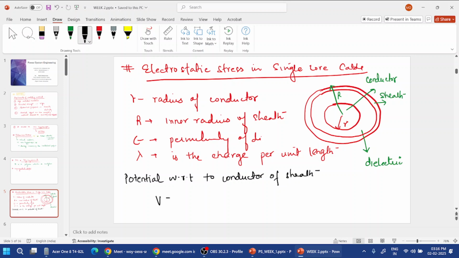V is equal to the integration of E dx from capital R to small r, from here to here. If we calculate, I'm going to write the right direct equation. It will come out to be lambda upon 2 pi epsilon log capital R by small r.